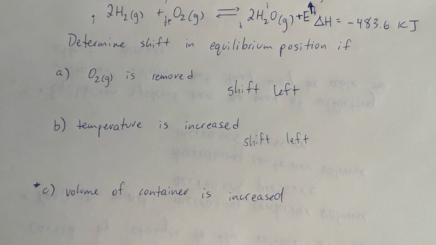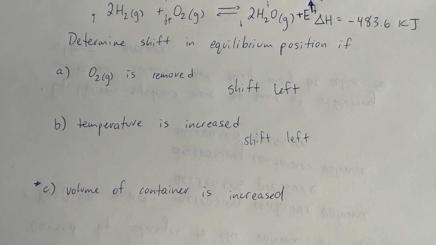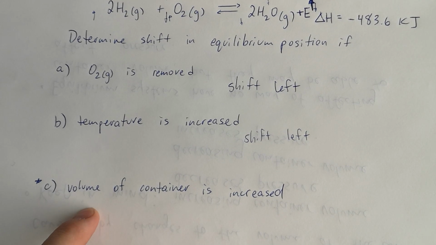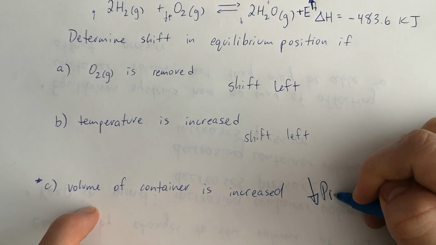What happens if the volume of the container is increased? Maybe this is taking place in a syringe and we open the plunger to give it more room to breathe. If you increase the volume, that decreases pressure.